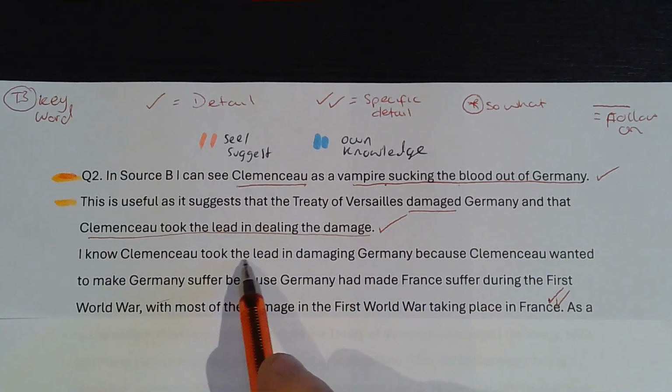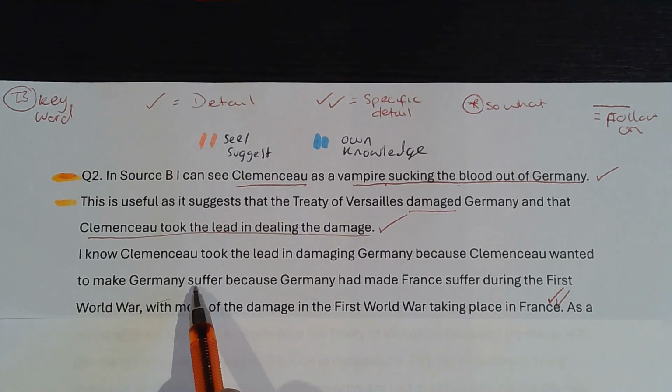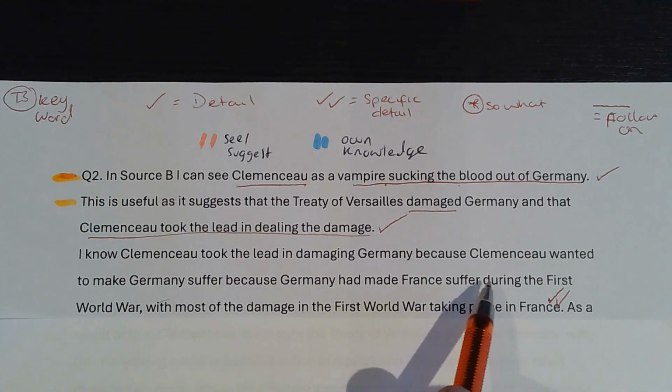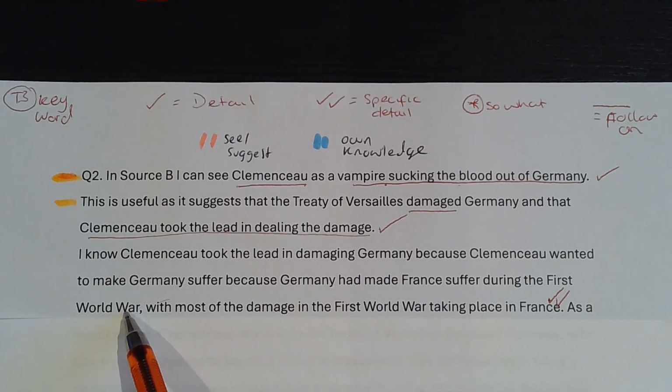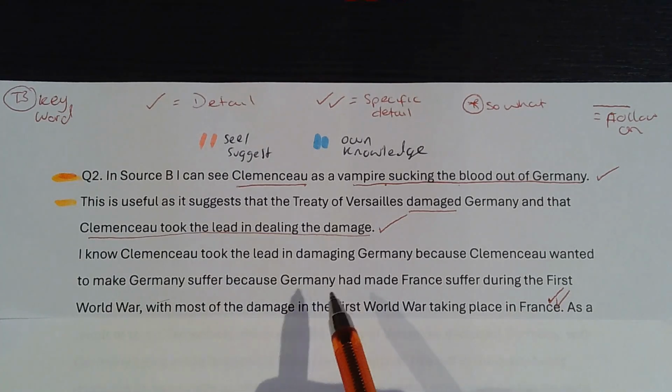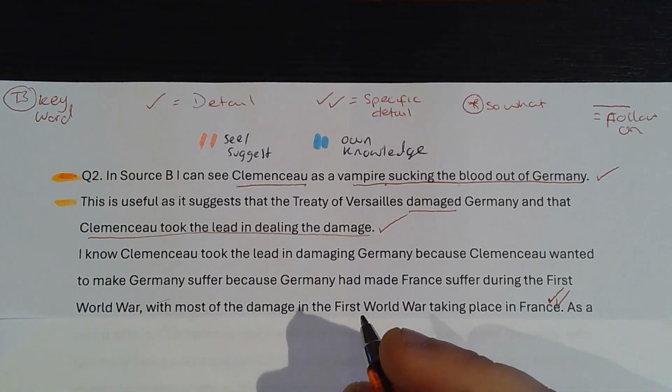Clemenceau wanted to make Germany suffer. Okay, that's one point. Germany had made France suffer during the First World War. More own knowledge. Most of the damage in the First World War taking place in France. More own knowledge. That is a really, really strong, specific, detailed sentence.